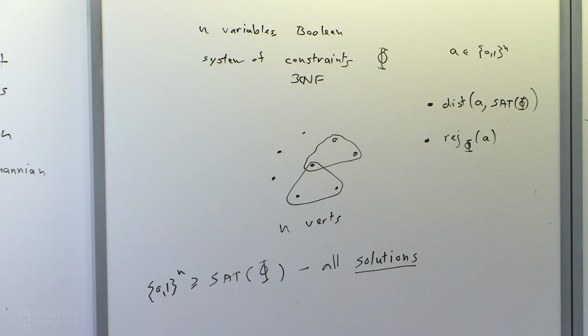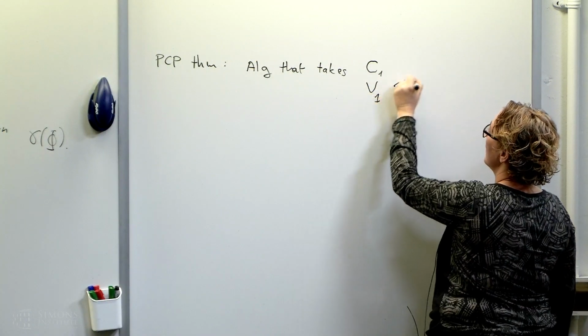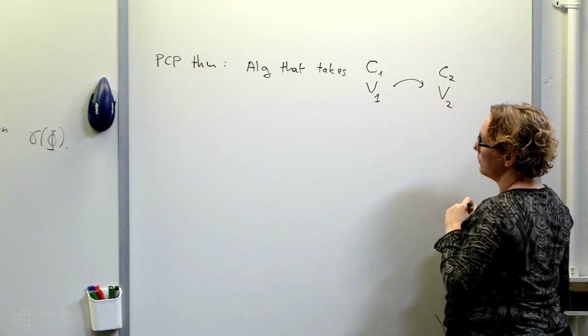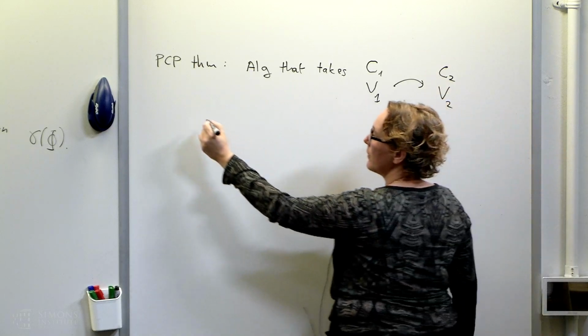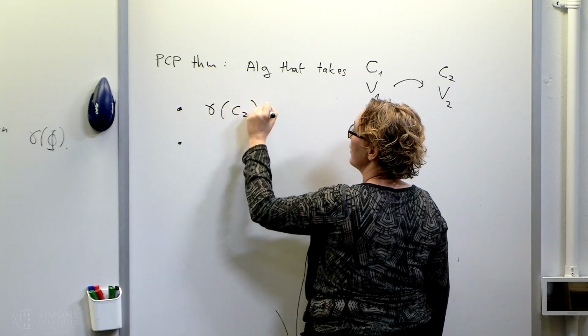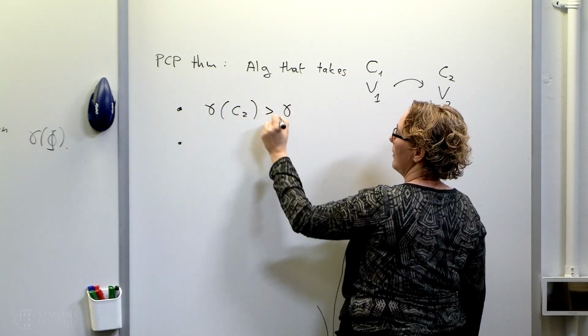And what I'm saying here is that the PCP theorem can be viewed as an algorithm that takes a constraint system C1 over variables V1 and moves it to a constraint system C2 over variables V2, such that two things happen. First is that gamma of C2 is bigger than some gamma.